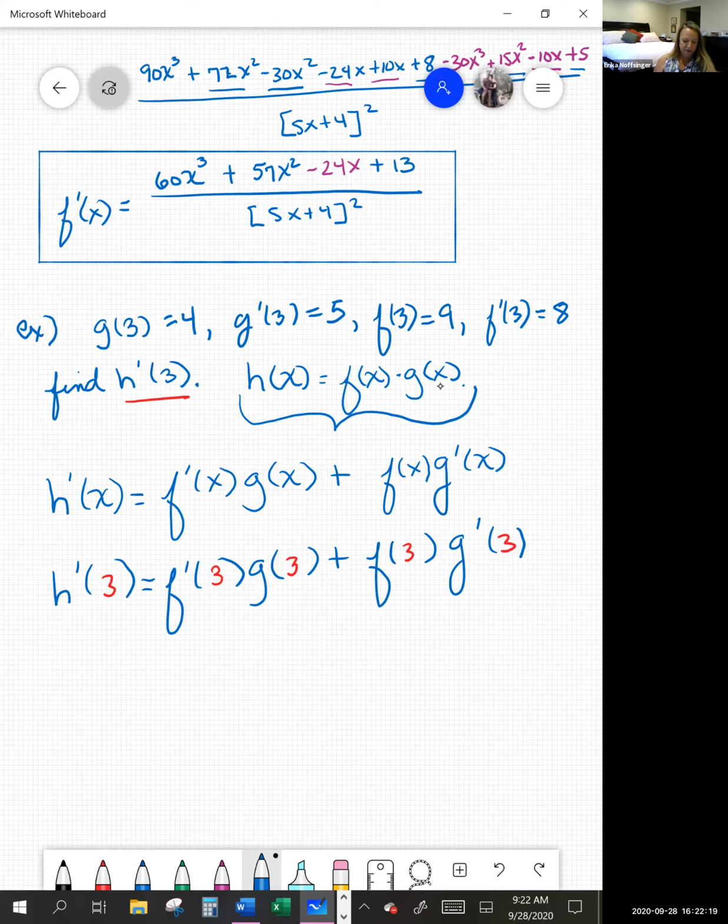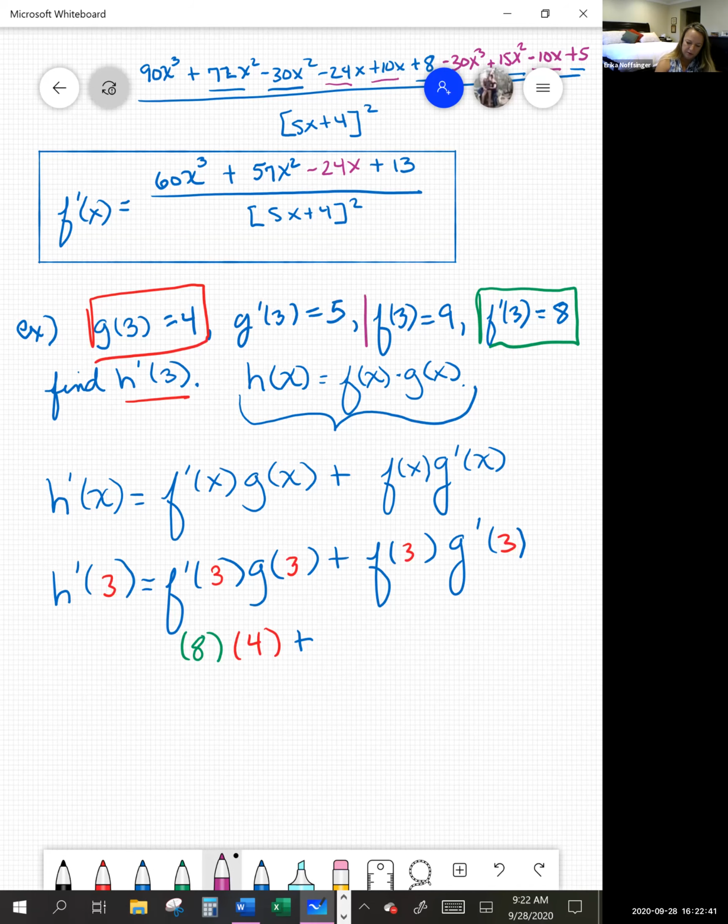But we were given that information above. So our f prime of 3, this one was equal to 8, times g of 3. G of 3 here was equal to 4, plus f of 3.